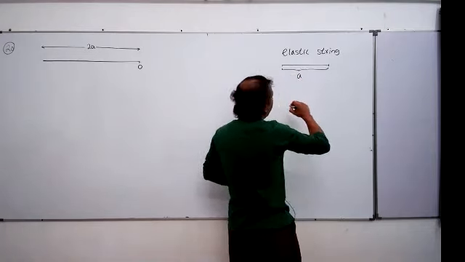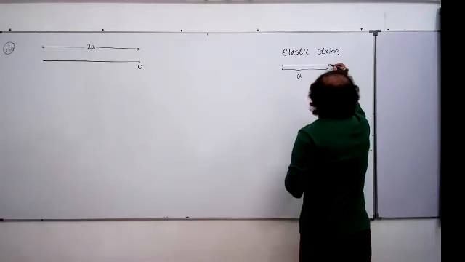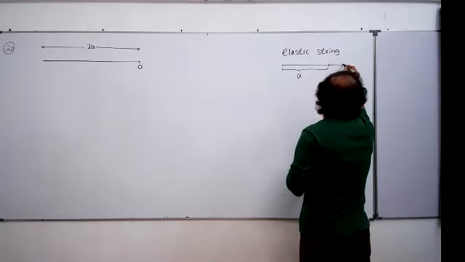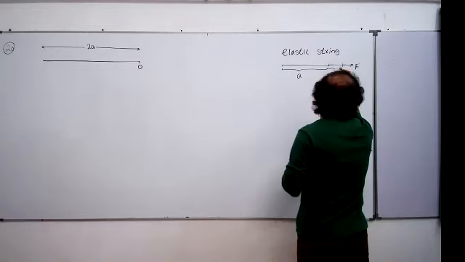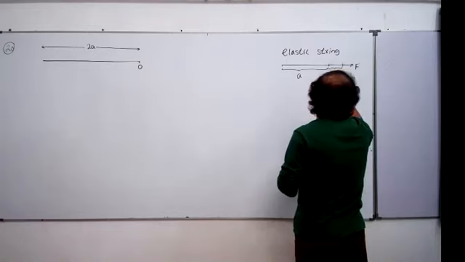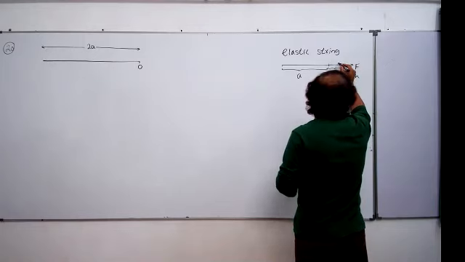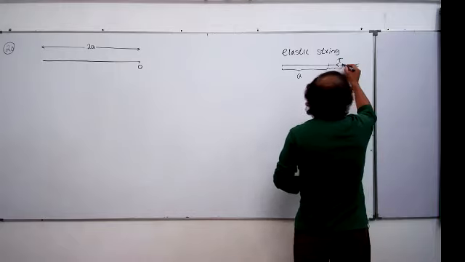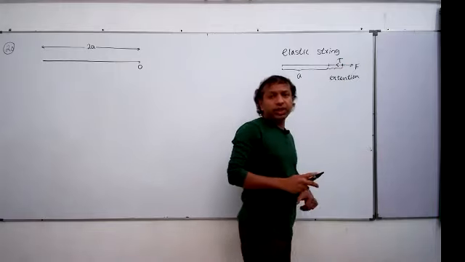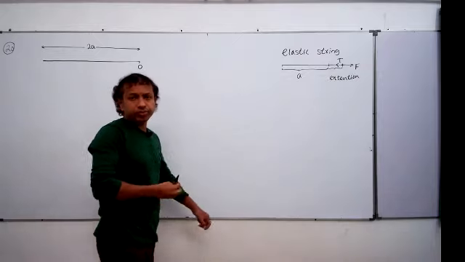Now, when we give another extra length to this string by pulling it away, this extra length is called the extension. You know this, in physics we have done it. When an extension comes into this string, a tension will be created in the string.